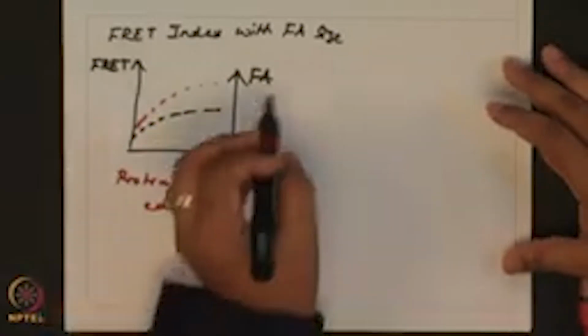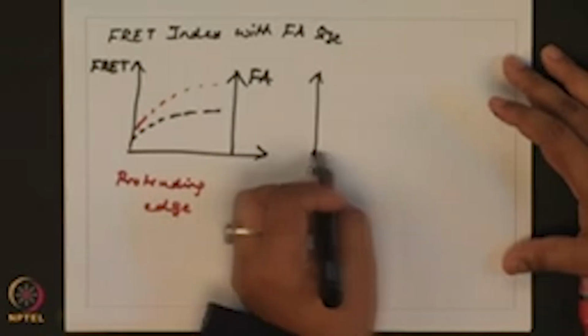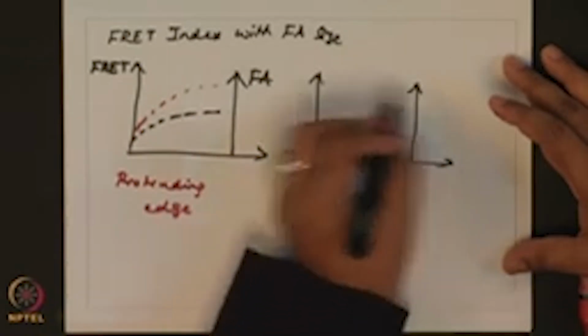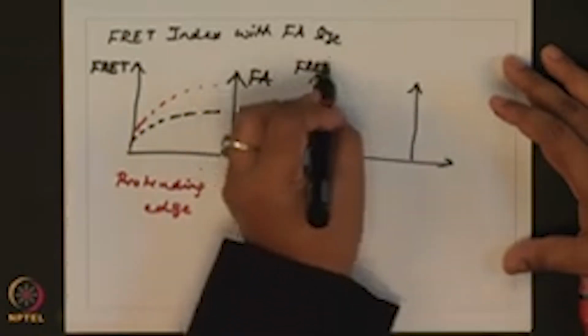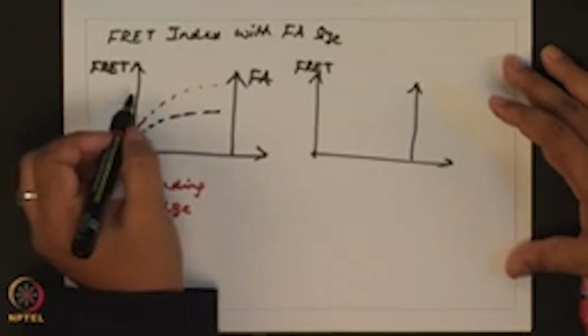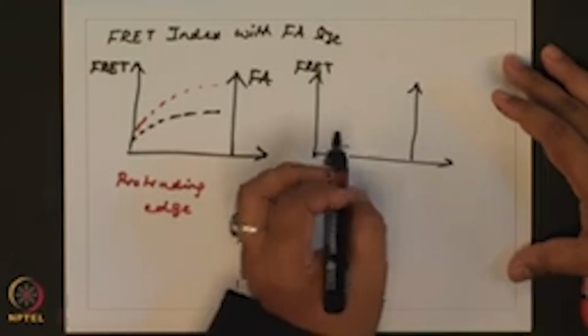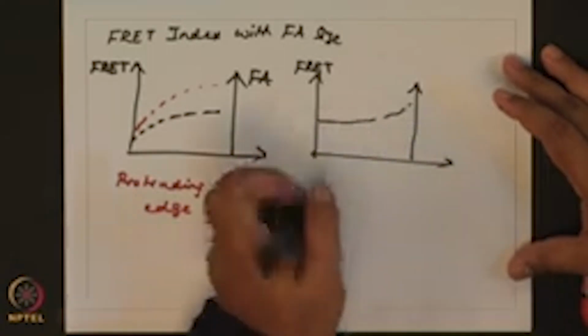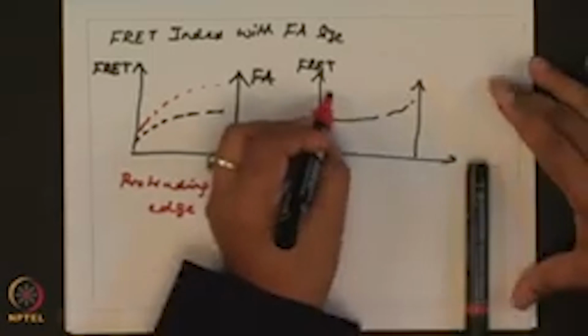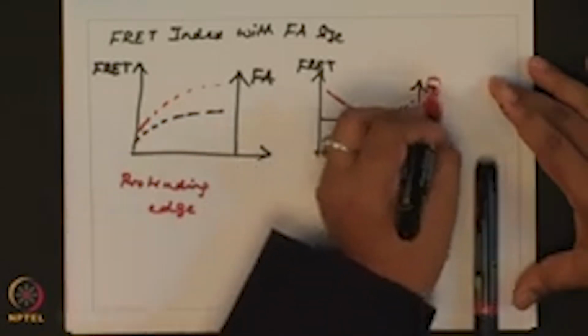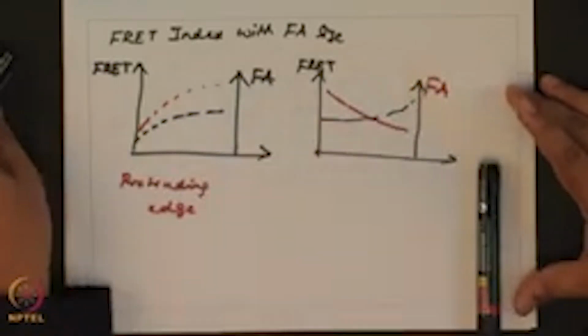So this is a positive correlation in this case. At the other edge, the FRET index increased, but the focal adhesion size decreased.